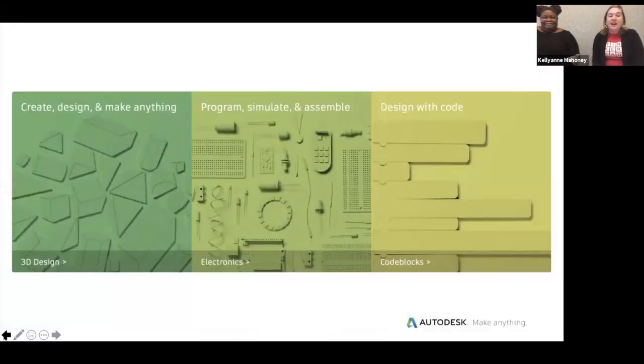All right, so Tinkercad has 3 environments. There's the original 3D design editor, which is the one that probably most people are familiar with if you're familiar with Tinkercad. There also is electronics as well, where you can simulate circuitry. And then there is also our newest environment, which is code blocks.